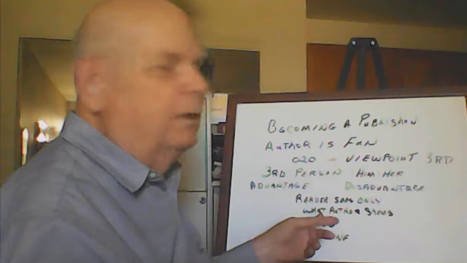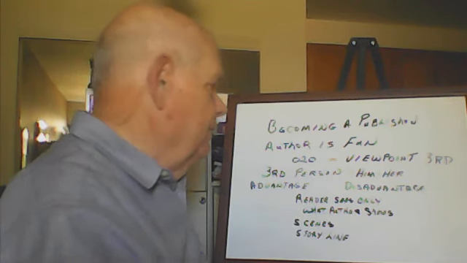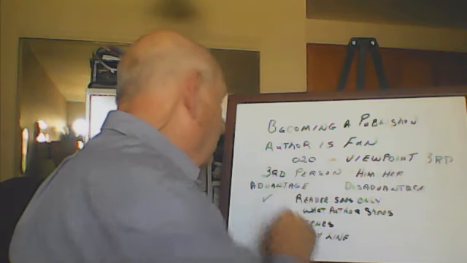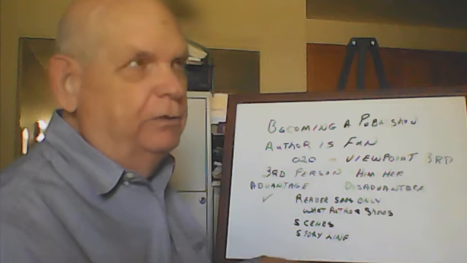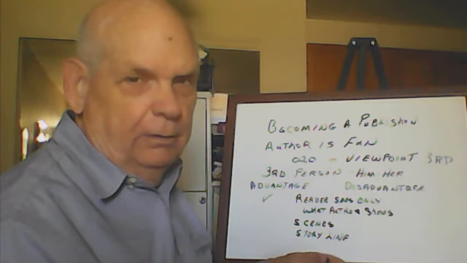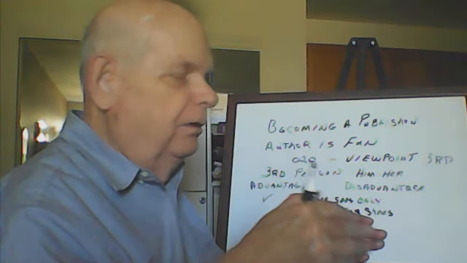Reader sees only what the author shows. I'm going to put this over here as an advantage. The reader sees only what the author shows. So the author shows the main character, and the reader sees that.